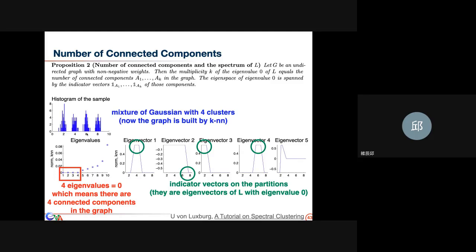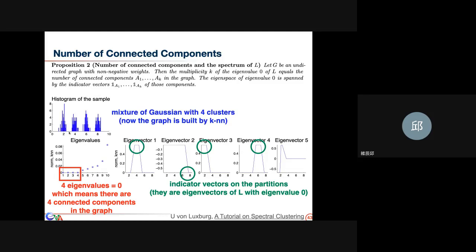The third Gaussian its mean value is around 6, and the fourth Gaussian, its mean value is around 8. And those Gaussians, their variance is pretty small.